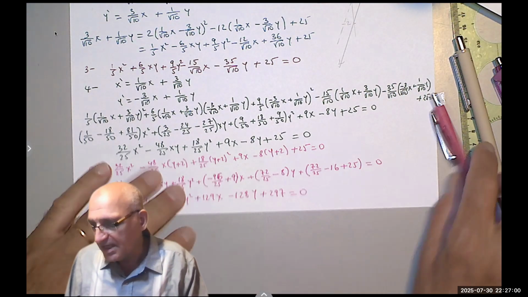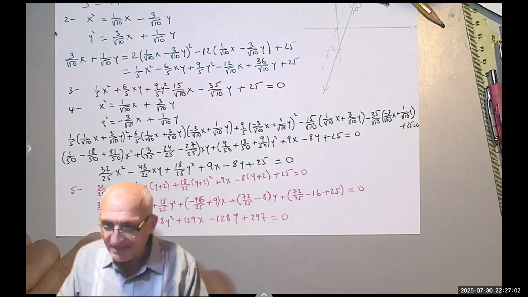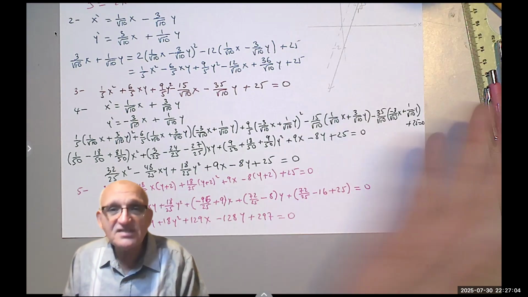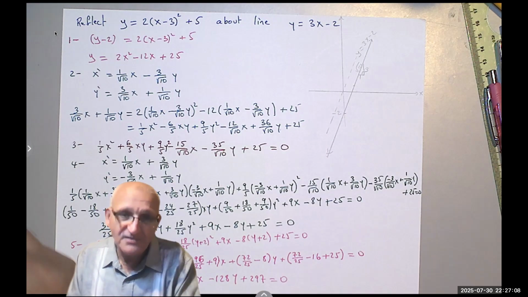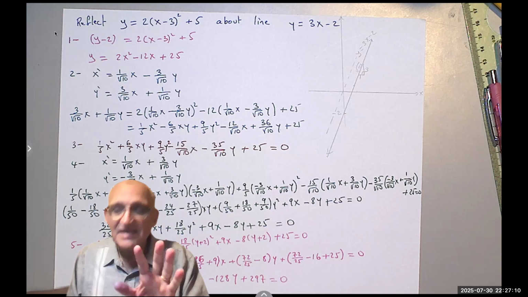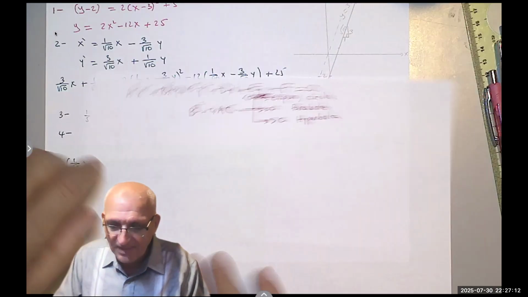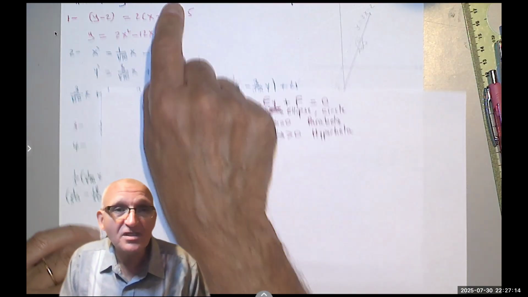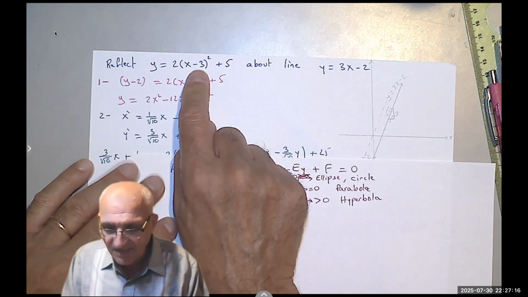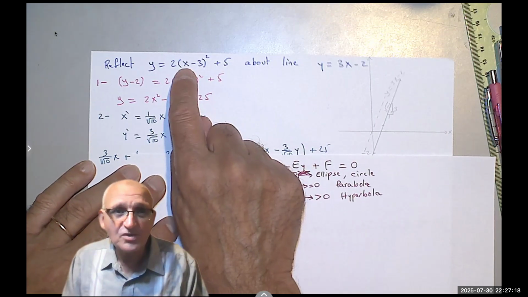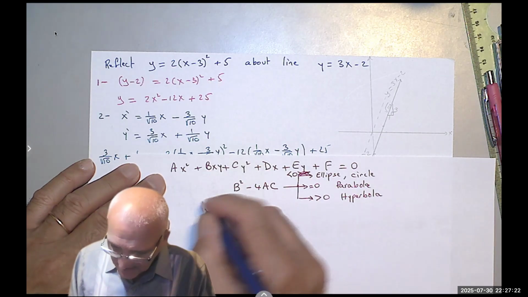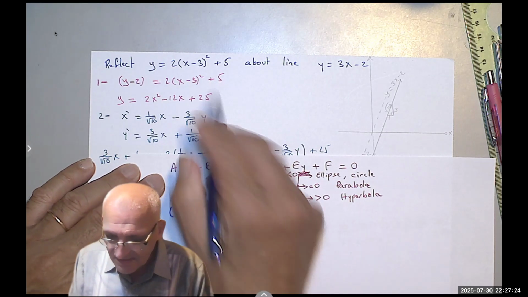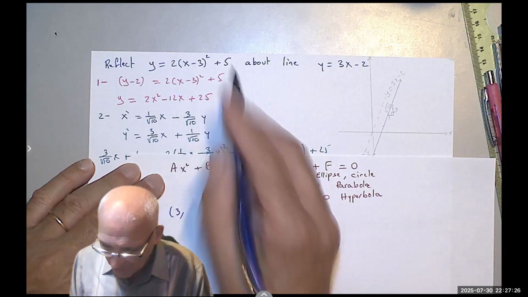And you say, okay, we know it's a parabola, but how do we know it's the correct answer? I say the easiest way, if you want to check your answer, it may take some time. I'm going to pick a point on the original parabola. I think the easiest thing is to set x equals 3. If x is 3, then this thing would be 0 and y would be 5.